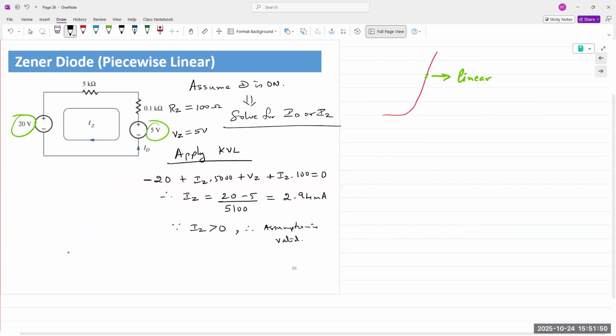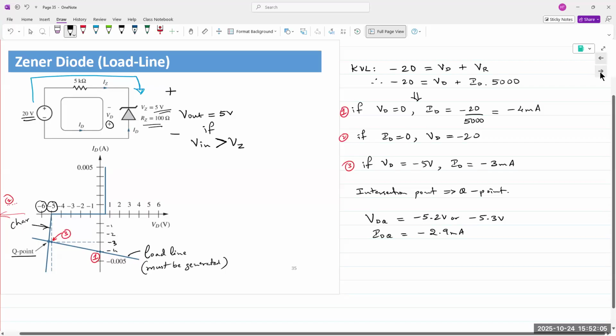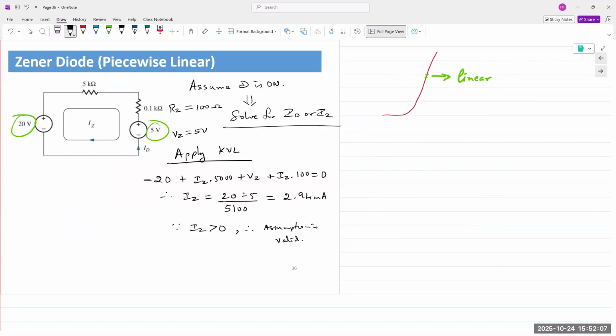Here we have the Zener voltage of 5 volts. We simply take that. So VD is 5 volts. And then we calculate the current, which is 2.94. So two solutions of the same circuit, the exact same circuit. We have still got 5K and we had RZ of 100 ohms. And here is the graphical versus analytical solution.